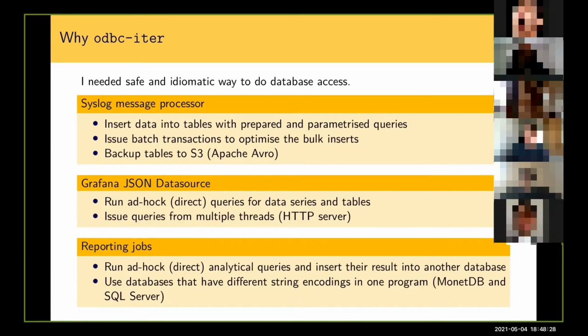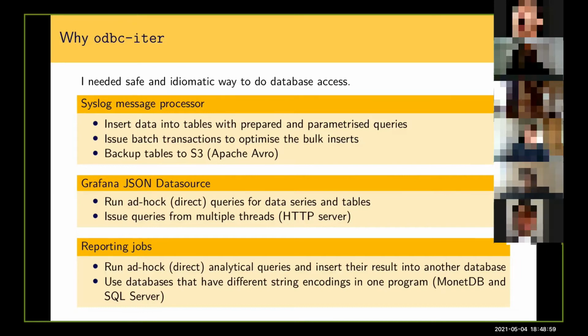There is also another component, the Grafana JSON data source. For real-time visualization of the traffic and other things, I use Grafana, and Grafana has this nice database-agnostic connector which talks JSON to an API server. So I implemented such a server that queries MonetDB based on those JSON messages and replies with data sets, data series or tables for visualization.